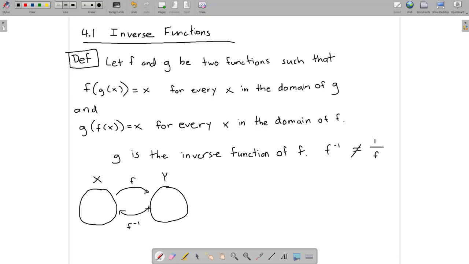And when we had functions before, you could have some elements in y not have an element in x that it was mapped to. But in this case, you need to have that the range of f is the domain of f inverse. So there has to be like a one-to-one correspondence essentially here.